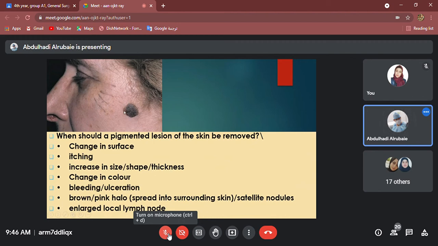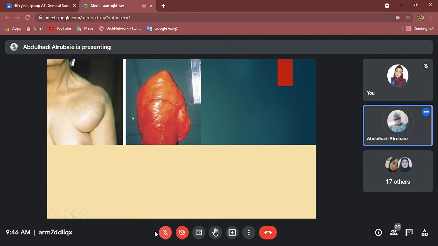Okay. When there is bleeding, itching, increase in size, shape, thickness, changing in color, as you said, bleeding, ulceration, and presence of a large lymph node. This is an indication of transformation into a malignancy.